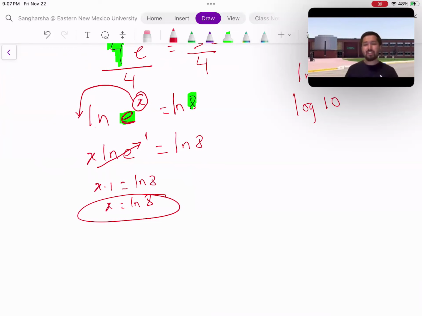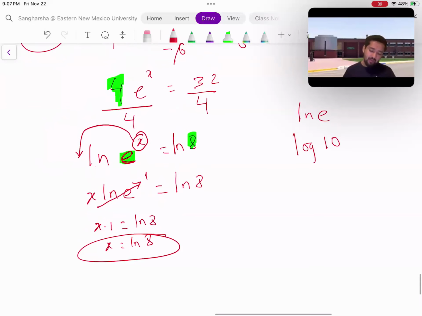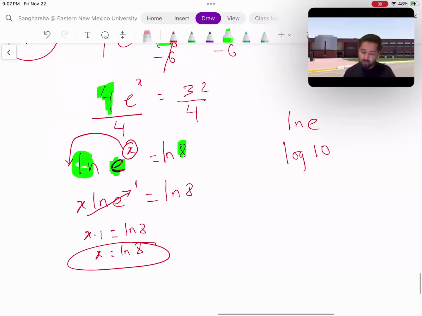Try to make the same base on both sides if you can, and if you can't, you're gonna apply common log or natural log, and you can pick any log. It does not change the solution. And as I said, if you have e as a base, then I want you to use natural log. If you have a 10 base, I want you to use the common log.